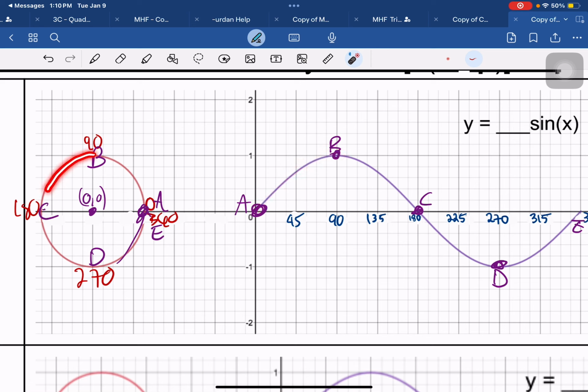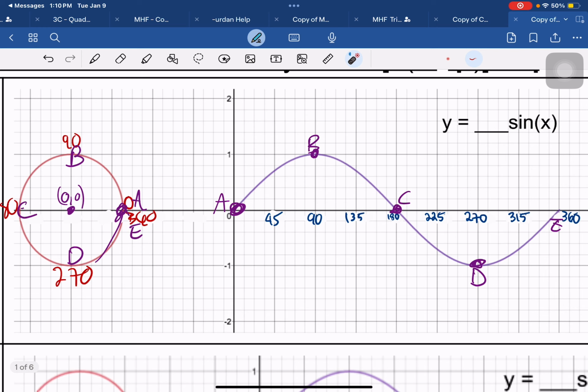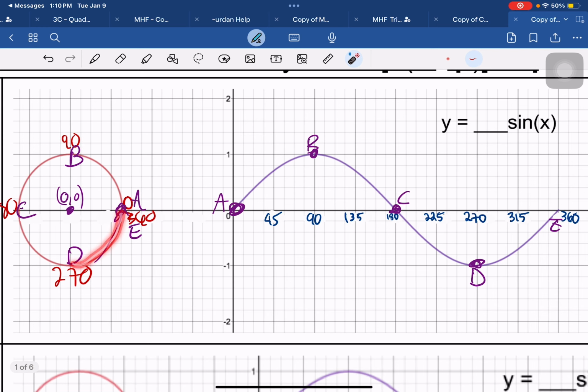Going from B to C, you're starting at the top of the circle and rotating down to the vertical middle at C. C to D is then here to here. And finally, from D to E, we're at the bottom up to the middle. Okay? So that's what the curve of just regular sine x looks like.